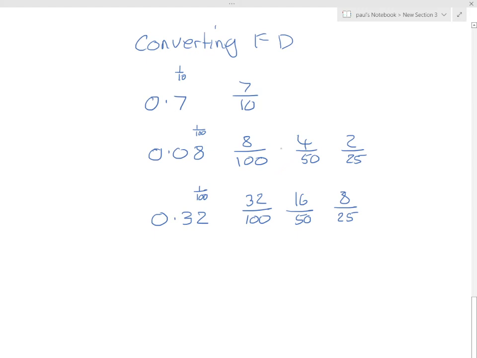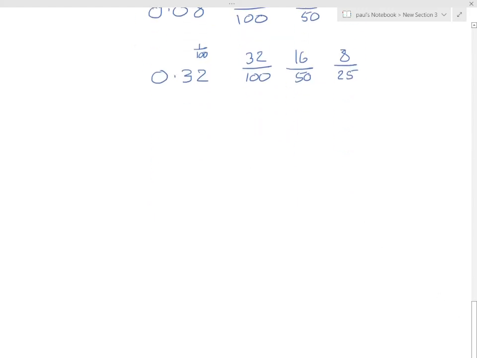decimals to fractions. Now, when you're going the other way, changing fractions, there's our favourite fraction. Changing that to a decimal, this fraction just means 3 divided by 4. So 3 divided by 4.